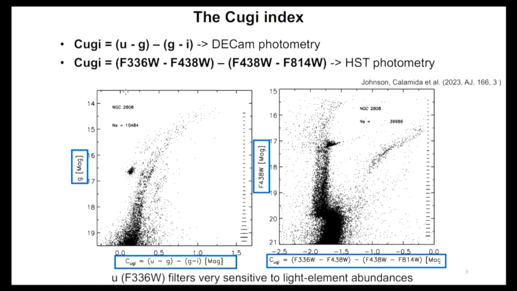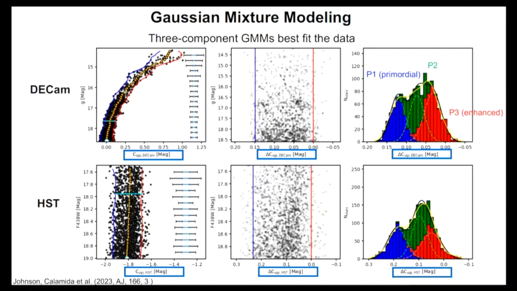So to really understand how many sequences we can identify in this cluster, we rectified the red giant branch in this color, and we calculated the delta color, and we used a Gaussian mixture model fitting, and we identified in both samples, HST and then DECAM, three main subpopulations. We called the bluest one P1, or primordial population of stars, and then we have an intermediate P2 population and an enhanced population. But enhanced what?